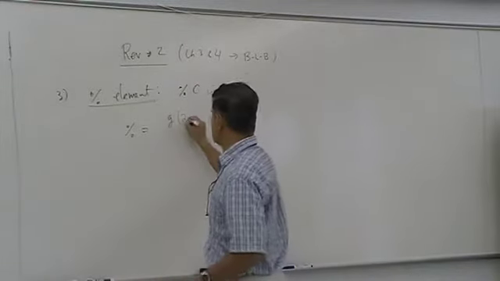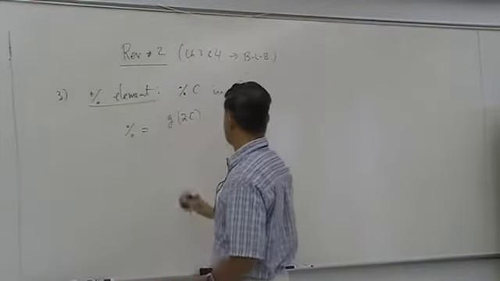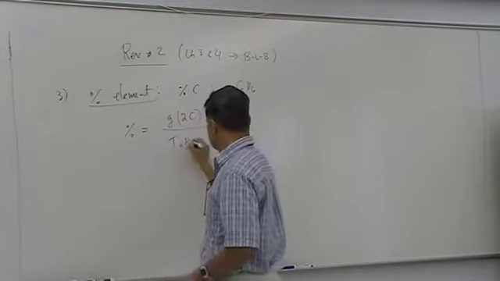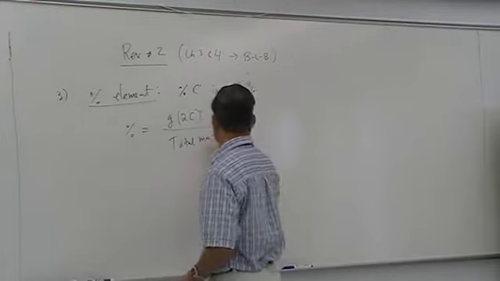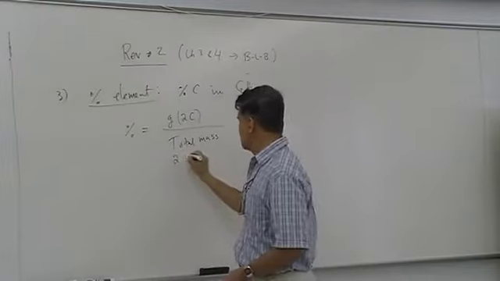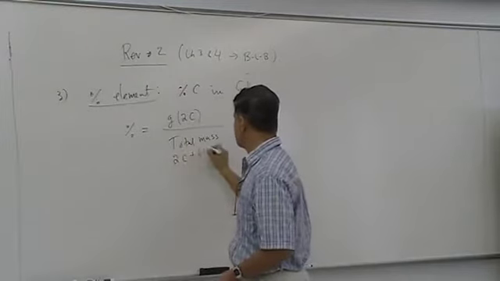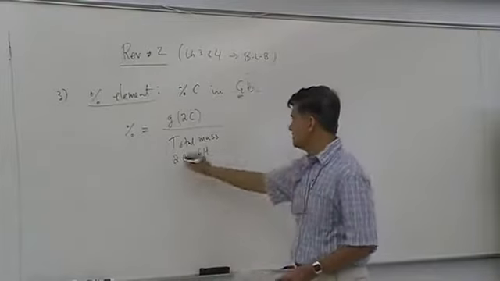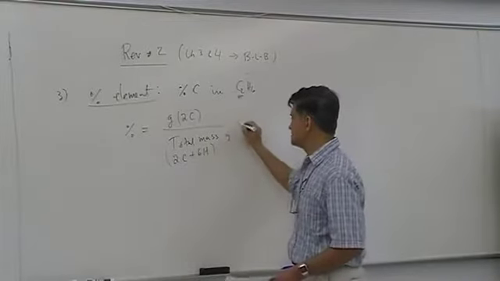Grams of 2 carbon, because there's C2, so there are 2 carbon. Total mass on the bottom. And that total mass has 2 carbon and 6 hydrogen. So basically I'm talking about 2 carbon plus 6 hydrogen in grams. So let's now write down all these in grams times 100.